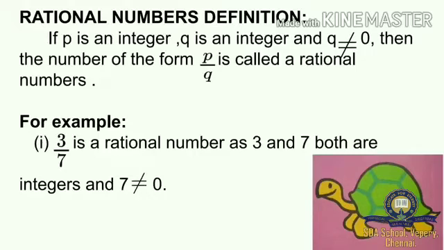For example, 3 divided by 7 is a rational number, as 3 and 7 are both integers, right? And 7 is not equal to 0. In the definition, it clearly says that q is not equal to 0. In the q place, the value should not be 0. It should be some integer, okay?